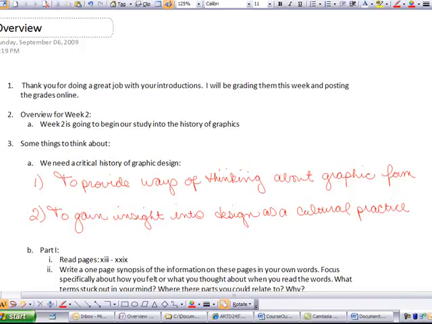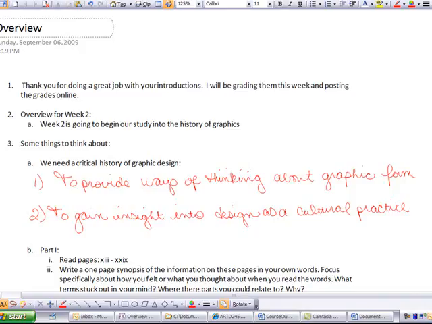For example, in the first part of the book, the introduction, many of the pages have very little text. They maybe just have one sentence. So what are they doing with that one sentence? That's one of the things that you need to think of as a graphic designer. You need to look at it with a critical eye. Why did they choose the orange text?